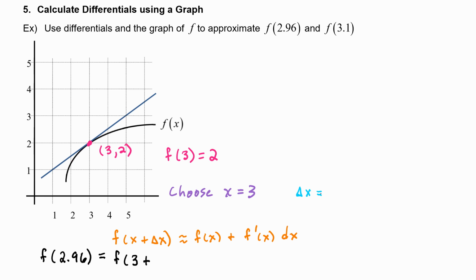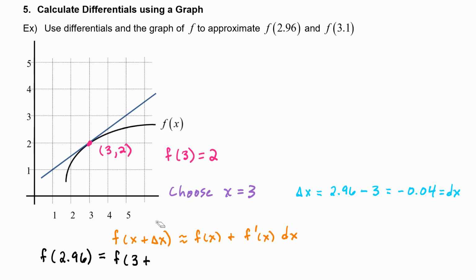So it's that second point, which in this case is the point we're trying to figure out, 2.96, minus the known value, which lives at x equals 3. If we do this subtraction, we get negative 0.04. And so now we know delta x, which of course is also equal to dx.